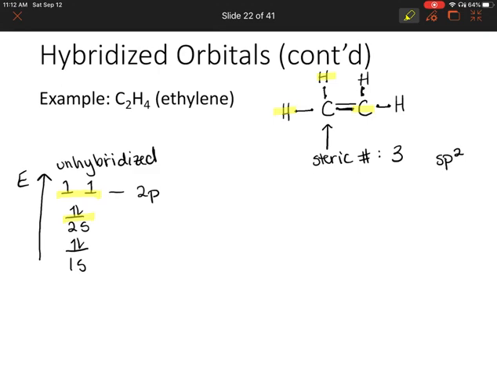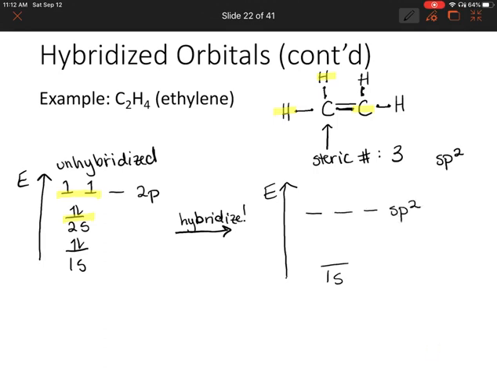All right. Now, if we just combine those, so let's hybridize. What we end up with are 3 sp2 hybrid orbitals, and then we have a leftover 2p orbital.